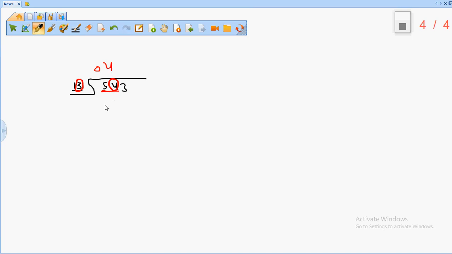Or you can say, how many 13s inside 54? If you don't want to use this way, you can say 13 plus 13 plus 13 plus 13. 13 and 13 is 26.